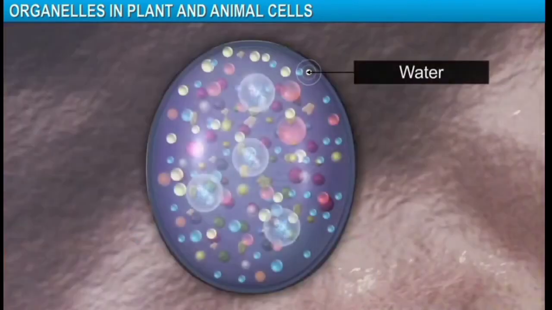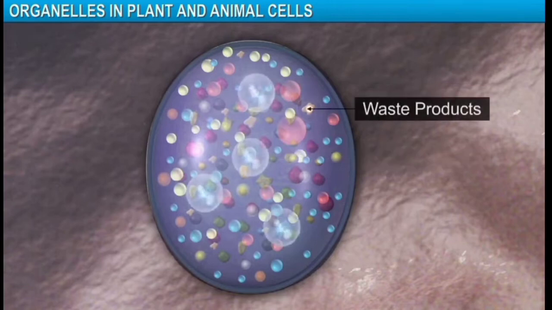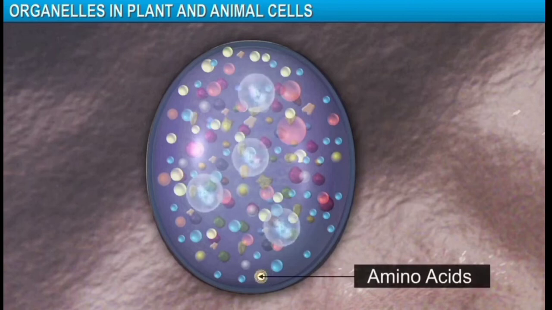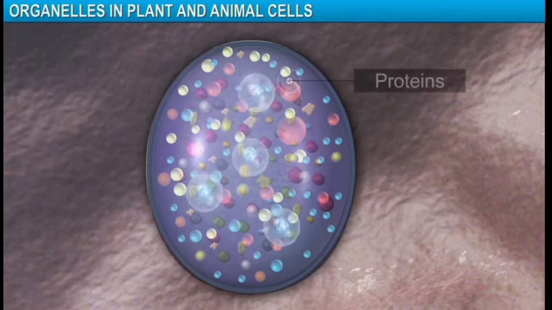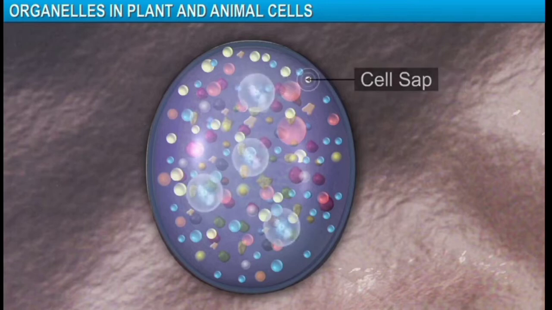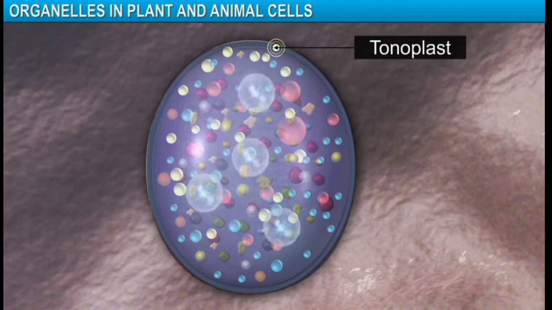They store water, energy, and waste products and substances like amino acids, sugars, and proteins. The fluid contained in them is called cell sap. A vacuole is covered by a living membrane called tonoplast.